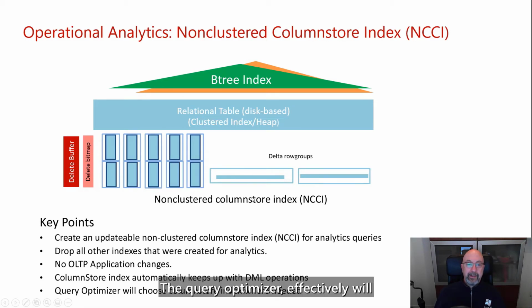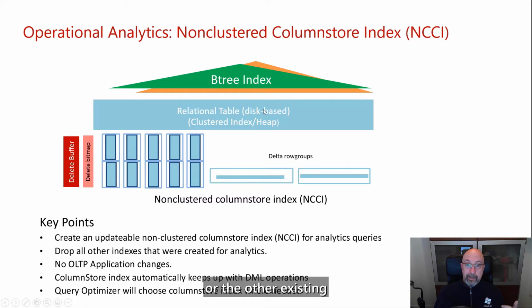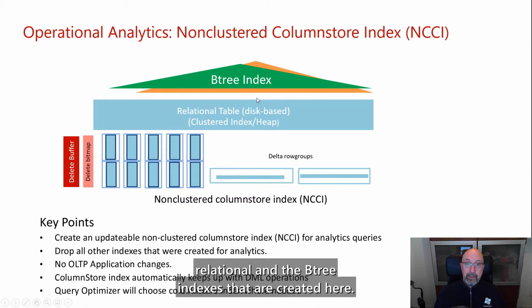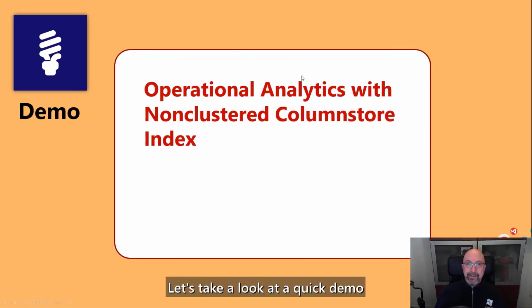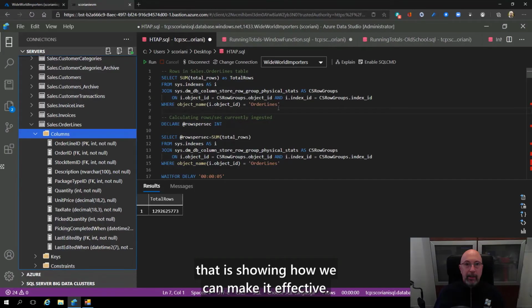And the query optimizer will choose, to support a particular query, whether it needs to access the column store index or the other existing relational B-tree indexes that are created here. Right. So let's take a look at a quick demo that is showing how we can make it effective.